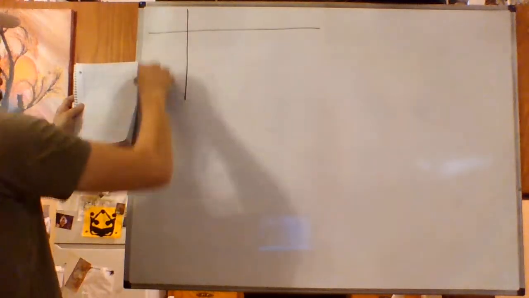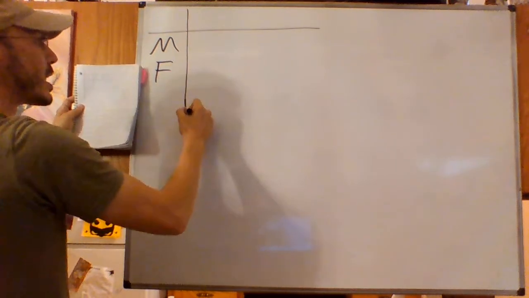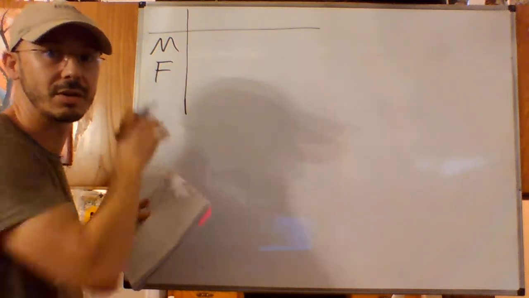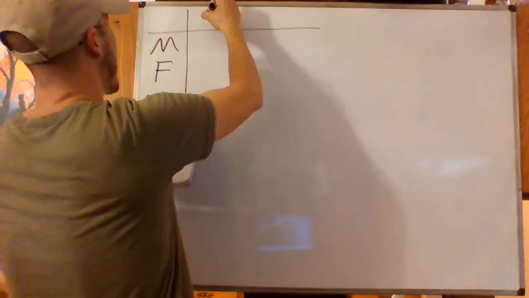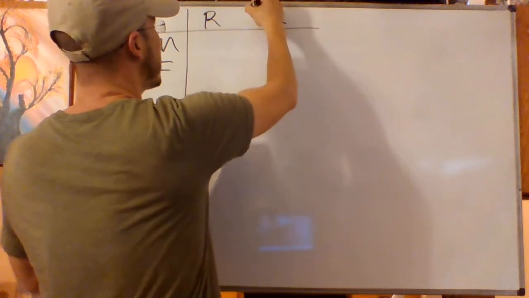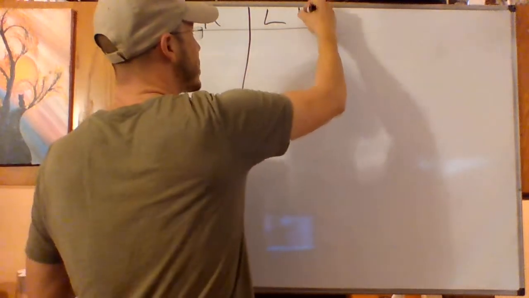So my left column is just going to have M and F, and I'm going to keep going down. I am going to add another row. Then I'll have R and L for my two columns.